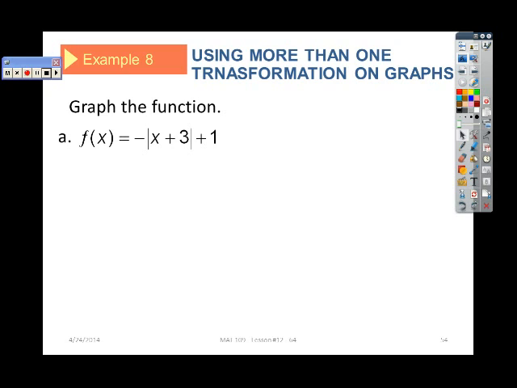And I remember I said yesterday the absolute value is always going to have a V in it somewhere. This is an example where we have translated it horizontally by that +3 inside. We have reflected it up and down, by the minus outside, and we've translated it up and down.